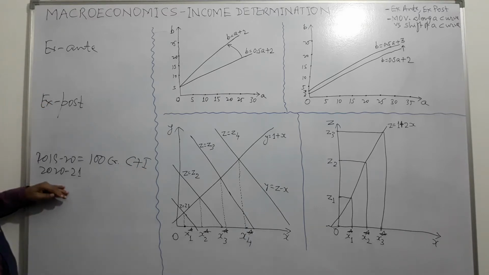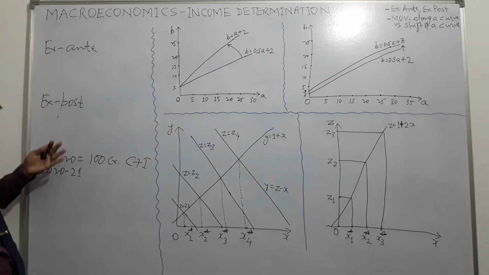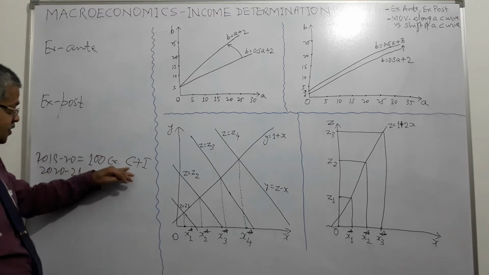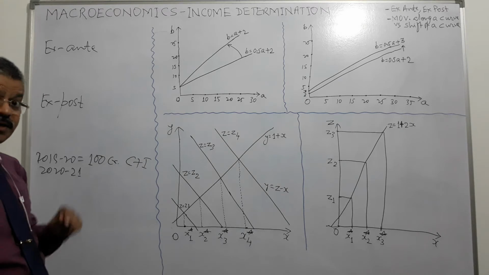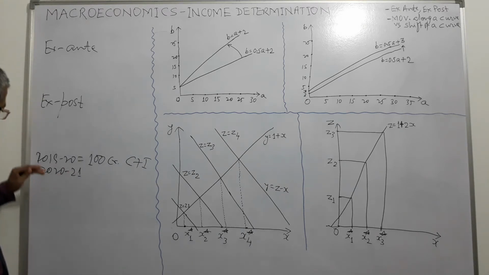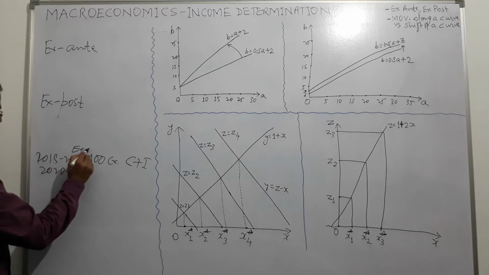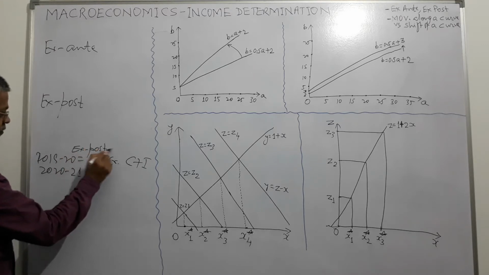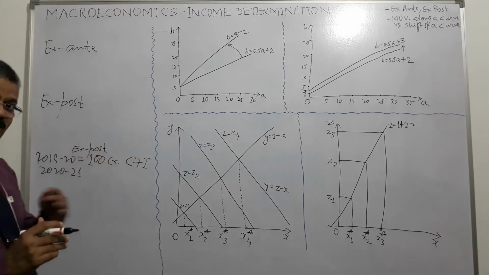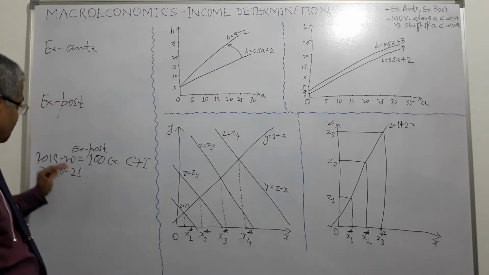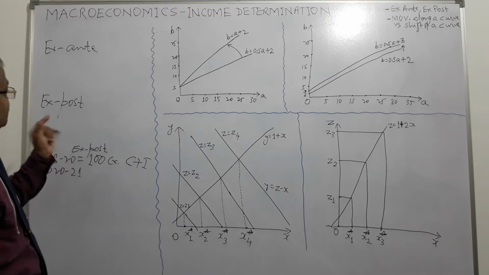We are in 2020-21 and we are talking about the previous year, that 100 crore was the consumption plus investment in the economy. So this is called ex post, right? What has already happened, which we are talking about, is called ex post.